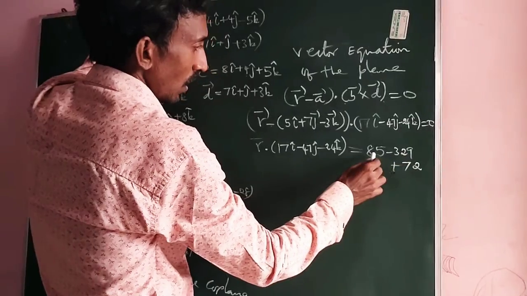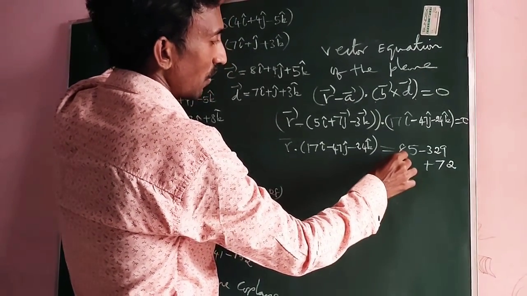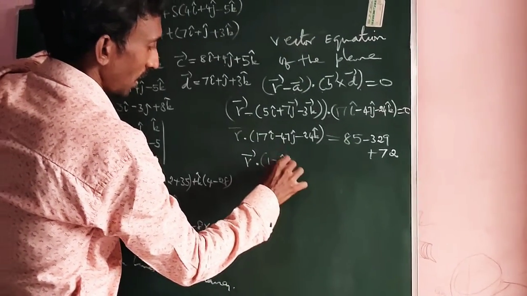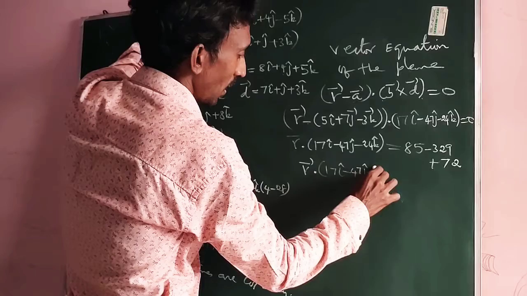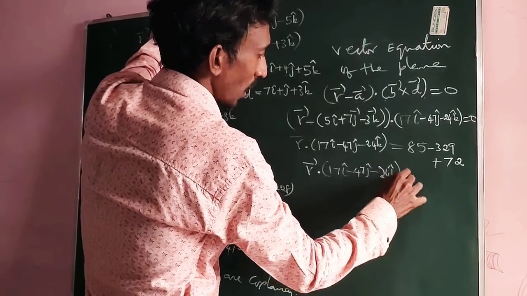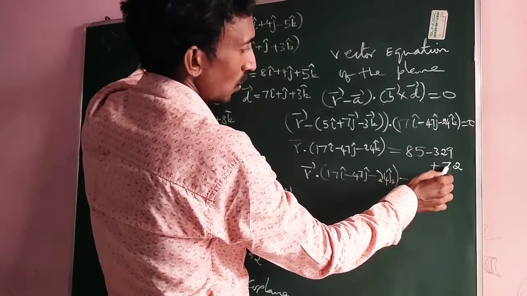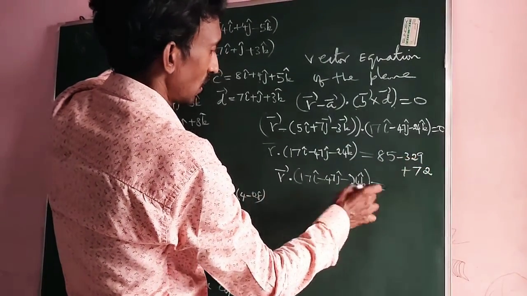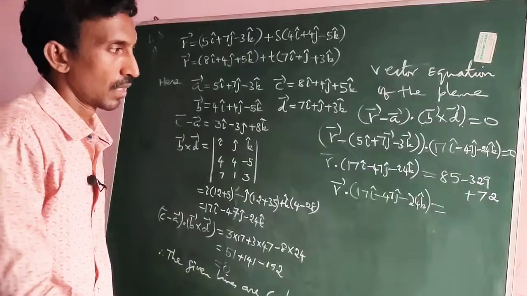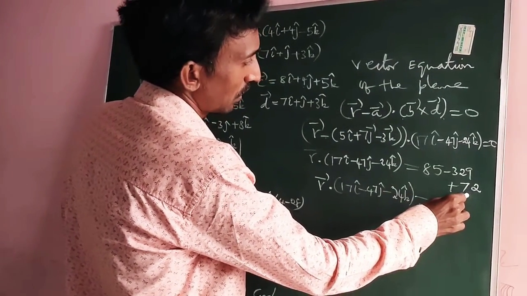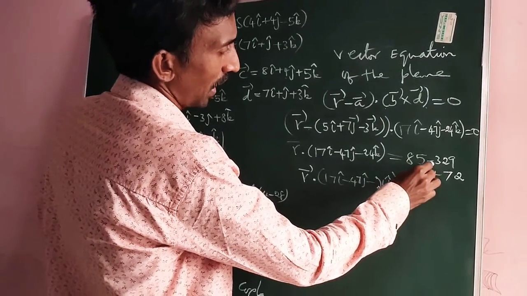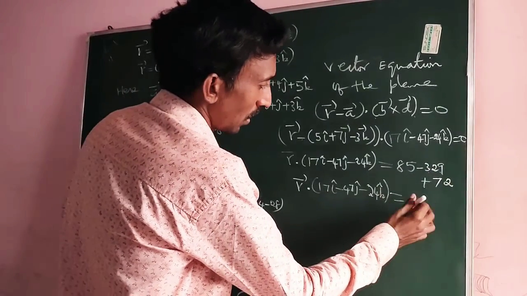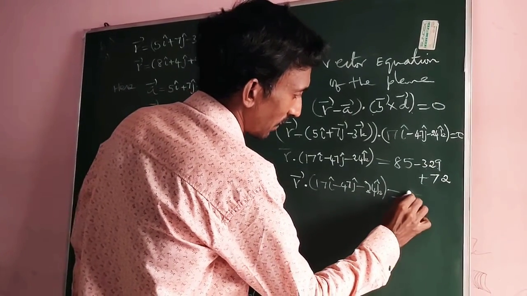Sum up 85 plus 72, 157, minus 329, we get minus 172.